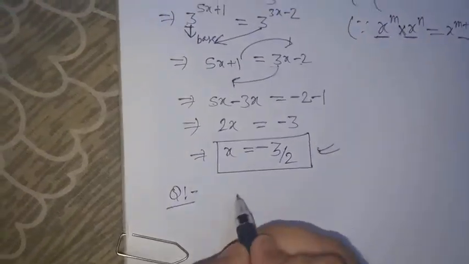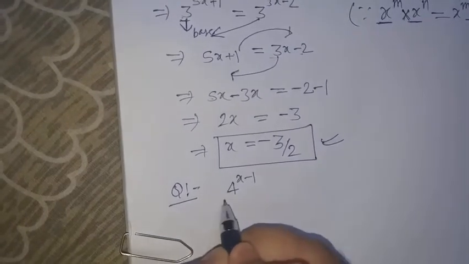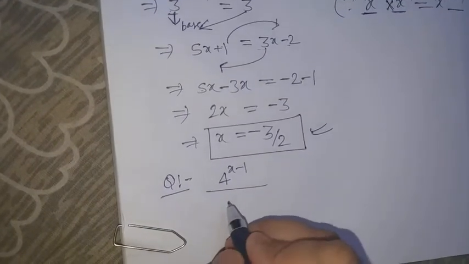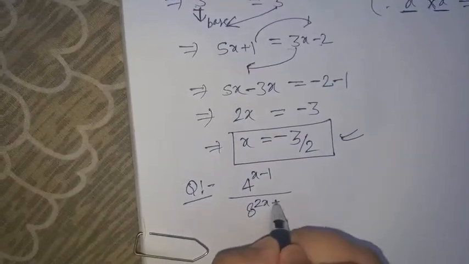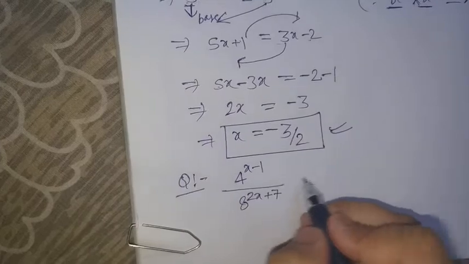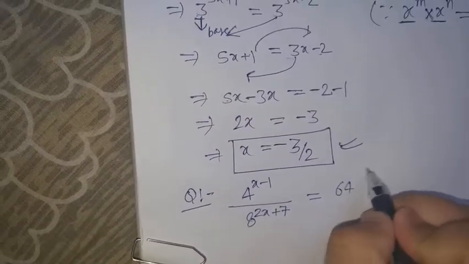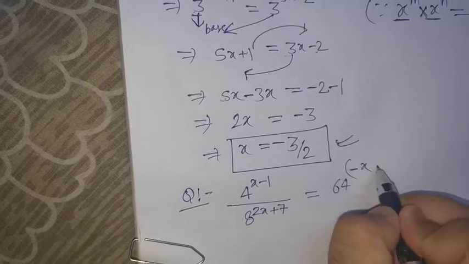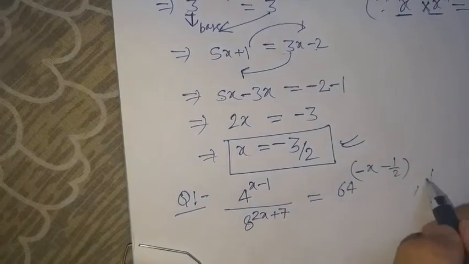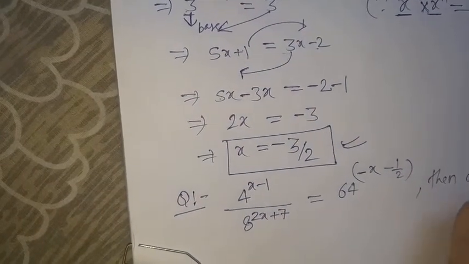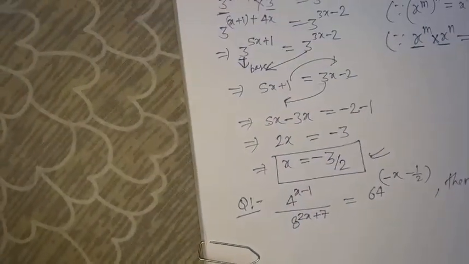Suppose 4 to the power x minus 1 upon 8 to the power 2x plus 7 is equal to 64 to the power minus x minus 1 by 2. Then find x.